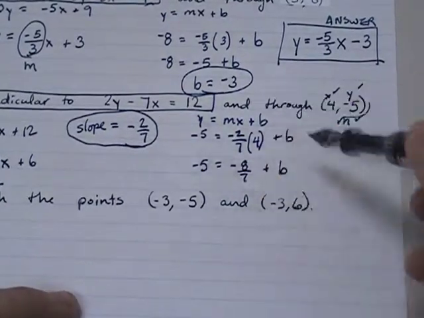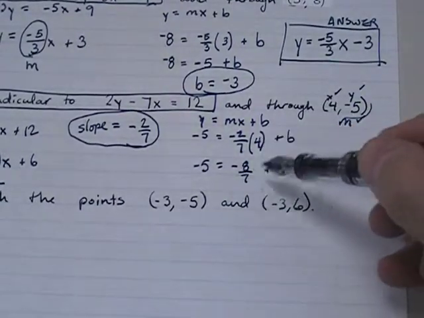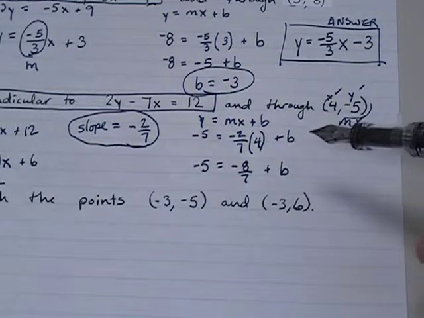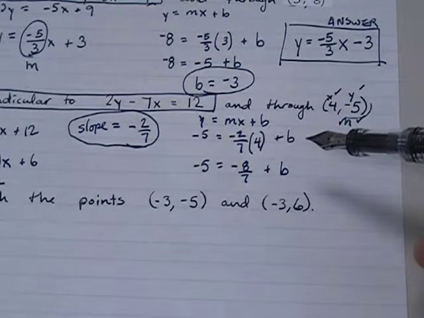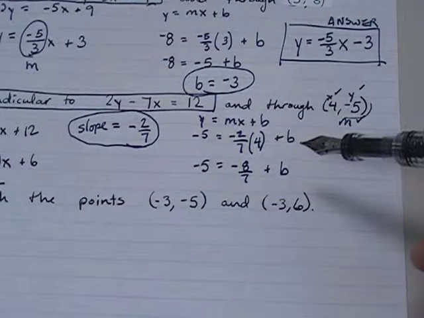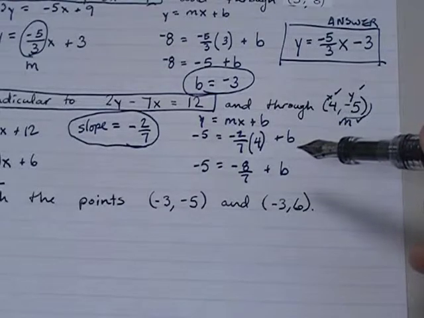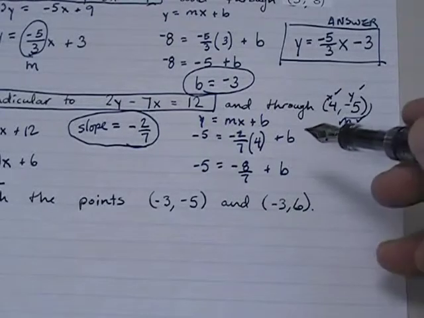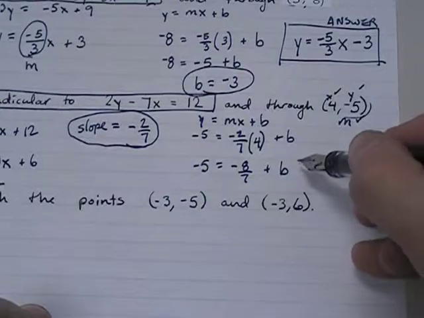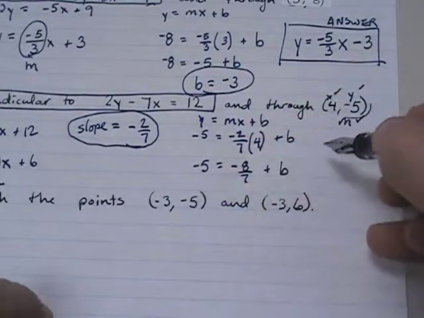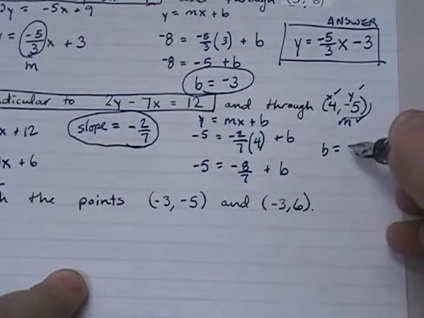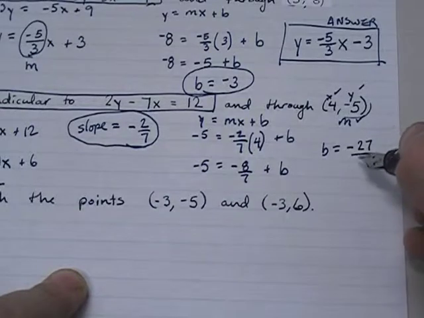Okay, now all I have to do is move this -8/7, and 8/7 is the same as 1 and 1/7. So I have to say -5 plus 8/7, and I get a fun little fraction here. I get -27/7. So I get b equal -27/7.